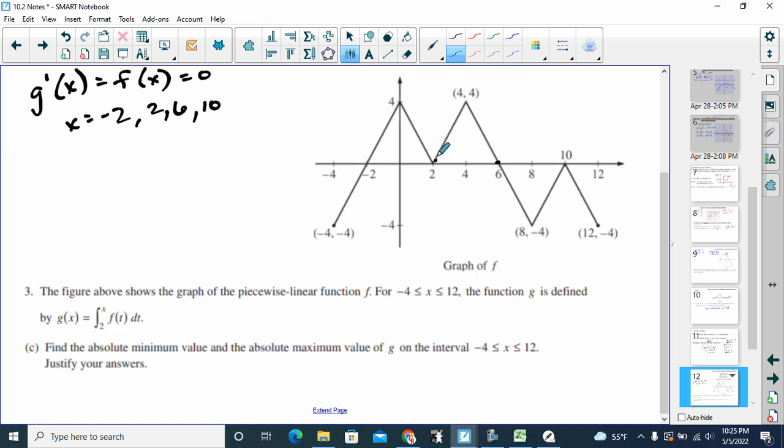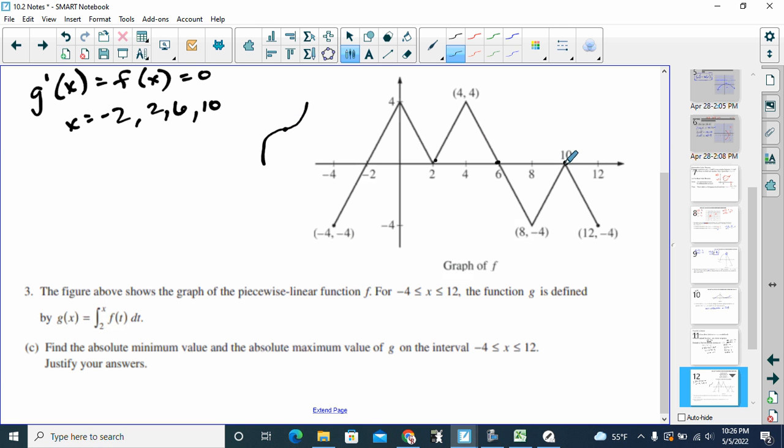We actually can rule out 2 and 10 here because prior to getting to 2, g prime of x, which is equal to f of x, is positive, and then it stays positive after 2. So if I go from positive to positive, that's not going to be the absolute maximum or the absolute minimum.